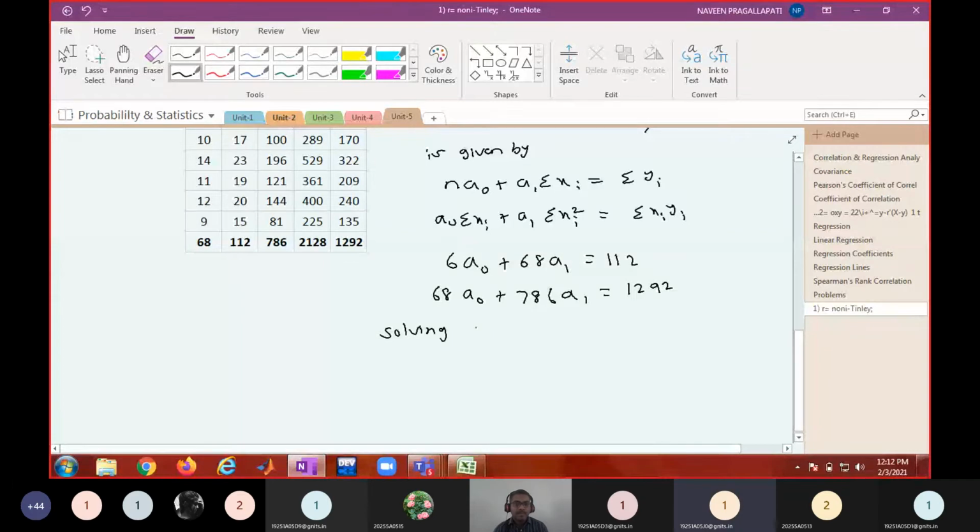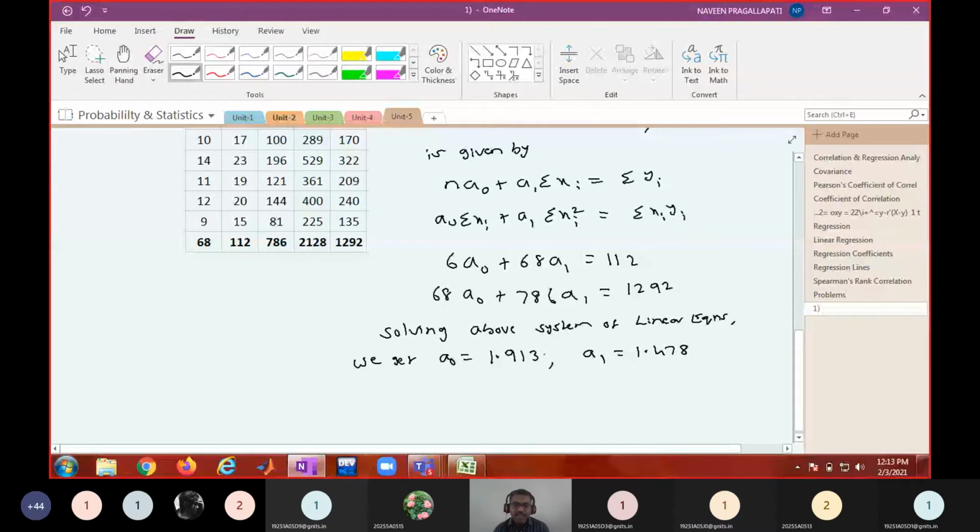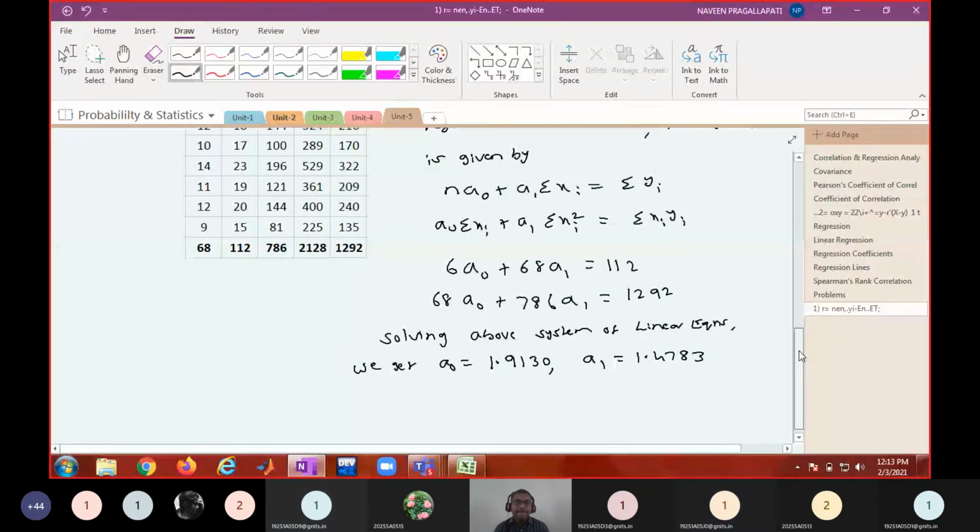Solving the above system of linear equations, we get a naught equal to 1.9130 and a1 equal to 1.4783. Okay, so what is the regression line of y on x?